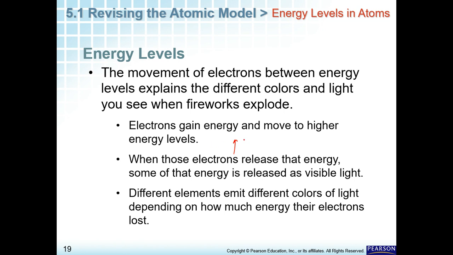Eventually, you have to crash and fall back down, and those electrons release that energy, and they do so in a form of light that we're able to see. Now, the reason we see different colors is different elements emit different colors depending on the amount of energy they lost. If you lose a little energy, that's going to correspond to a specific color. Or if you lose a lot of energy, that's going to correspond to another color.